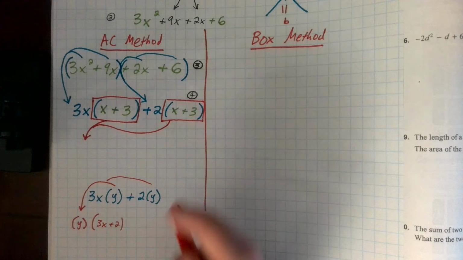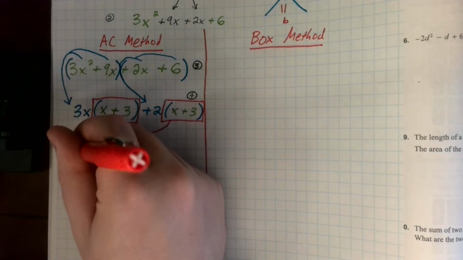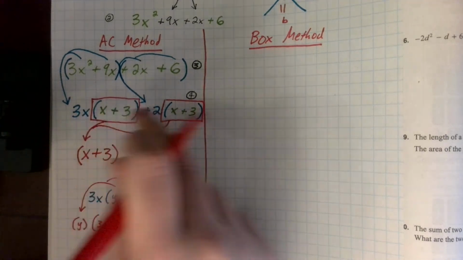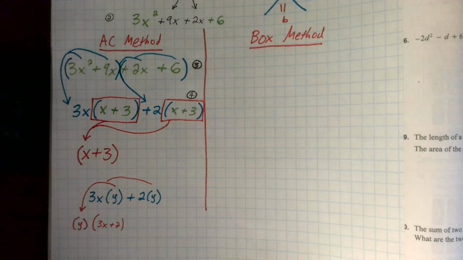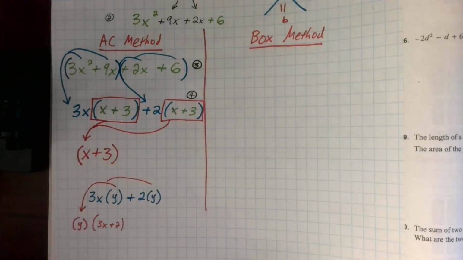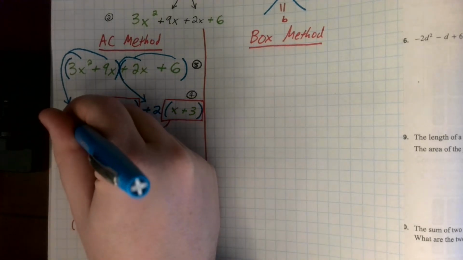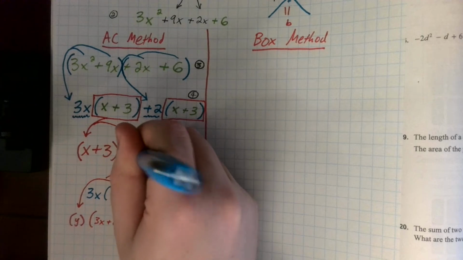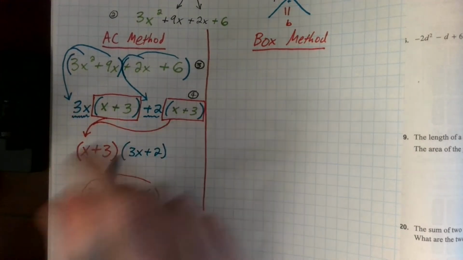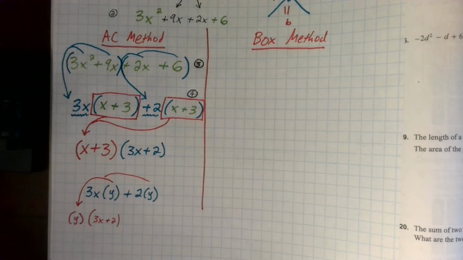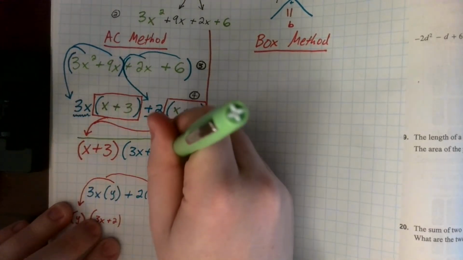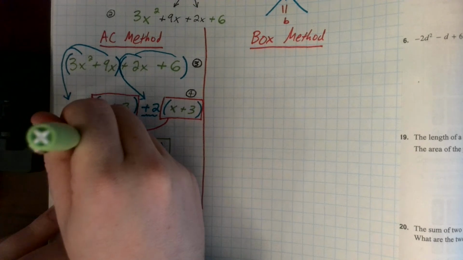So we take our x plus 3's and we put them in parentheses in front because we pull it out from both terms. And with whatever's left over, we put into parentheses, right? We have a 3x left over, we have a plus 2 left over. So we now have two binomials. It turns out this is our answer.